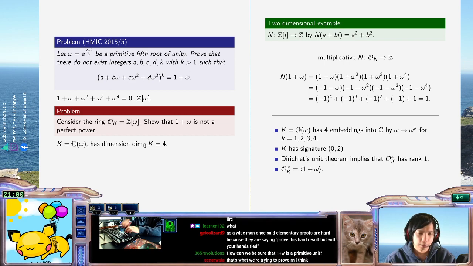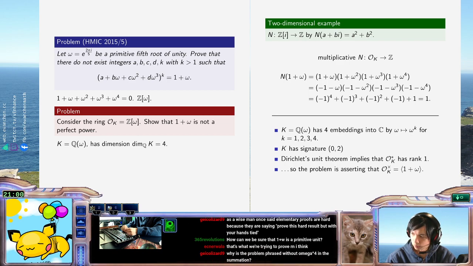That's what... yeah. Oh, no, sorry. I forgot the torsion part.